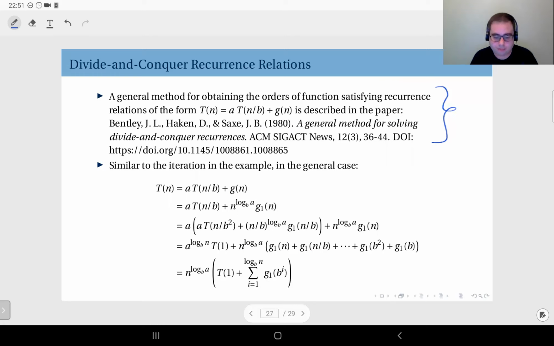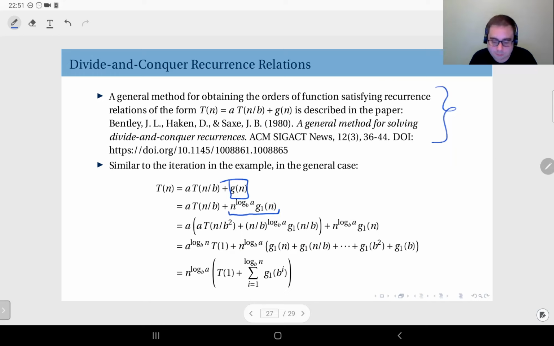So what you have here is T(n) = a times T(n/b) plus g(n) as the recurrence relation that T(n) satisfies. What we do here is a very similar thing, except for this small trick. Instead of g(n), we write n to the power log_b(a) times g1(n).